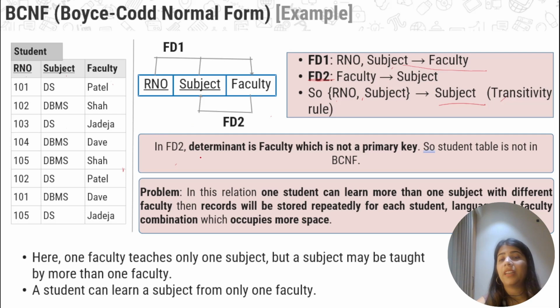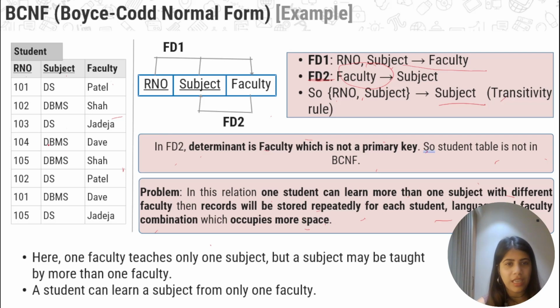So in functional dependency 2, what is the determinant? It is the faculty, which is not a primary key. So the student table is not in BCNF. The problem in this relation is that one student can learn more than one subject with different faculties, so records will be stored repeatedly for each student, subject and faculty combination, which occupies more space.